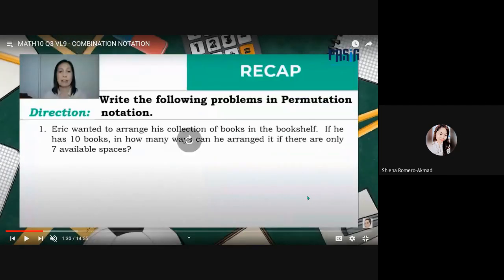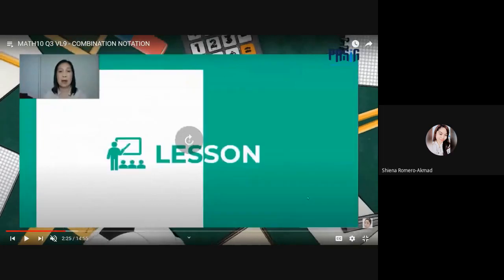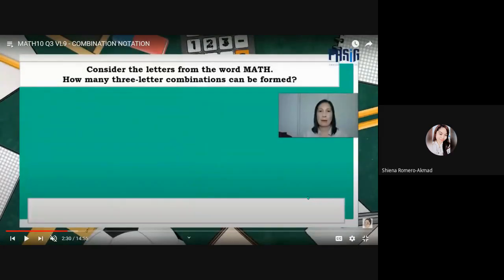Okay, let us proceed to our lesson. Considering the letters from the word math, we are going to use those letters for us to form a three-letter combination.